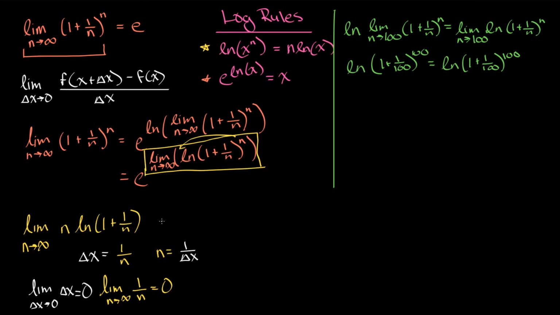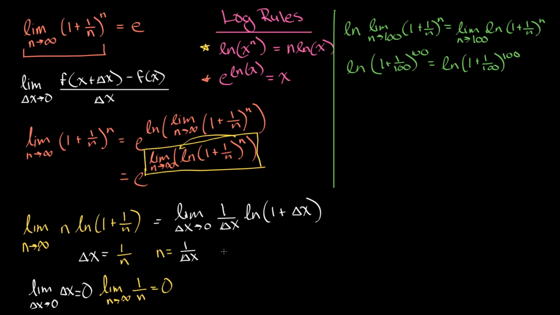So we find that this limit is now equal to the limit under our substitution as delta x goes to 0 of 1 over delta x times the natural log of 1 plus delta x. That is our substitution that we made. And now you can start to see, okay, now we have the right limiting values that we want.